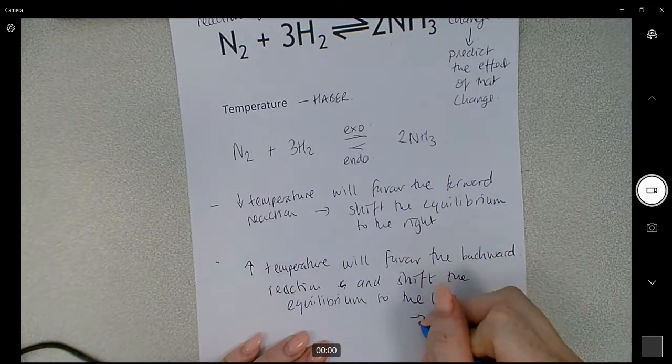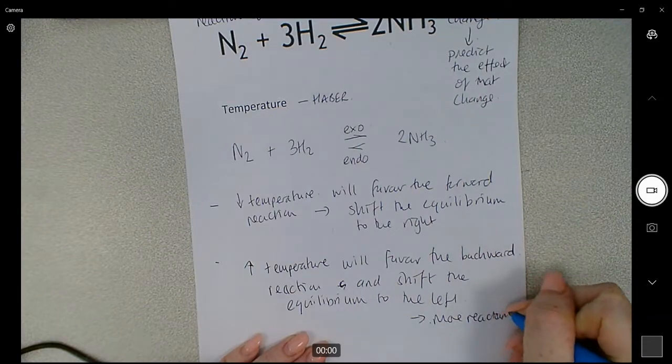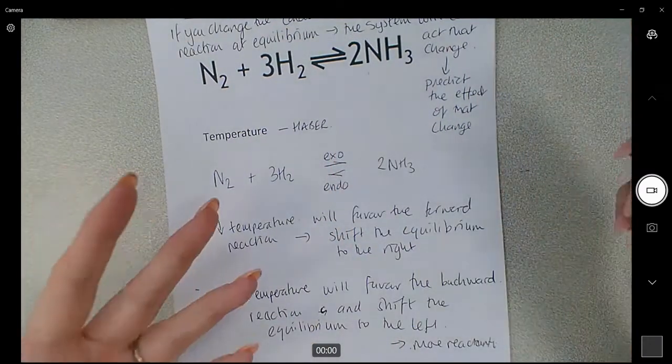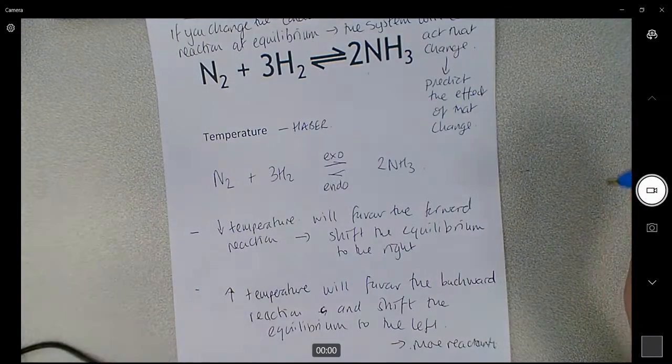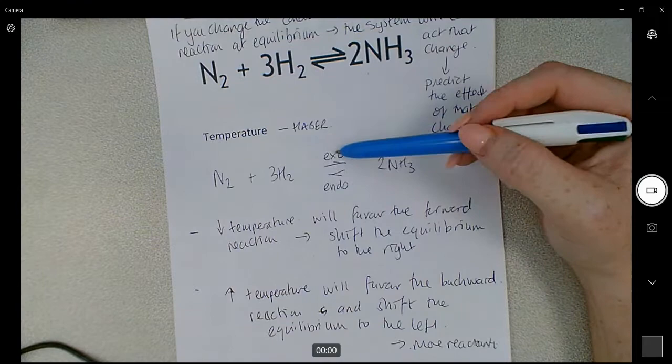In other words, I'll make more reactants. Now you'll remember that in the Haber process, the temperature they decide upon is around 450 degrees Celsius, which isn't ideal for the forward reaction because actually we want it to be really cold.